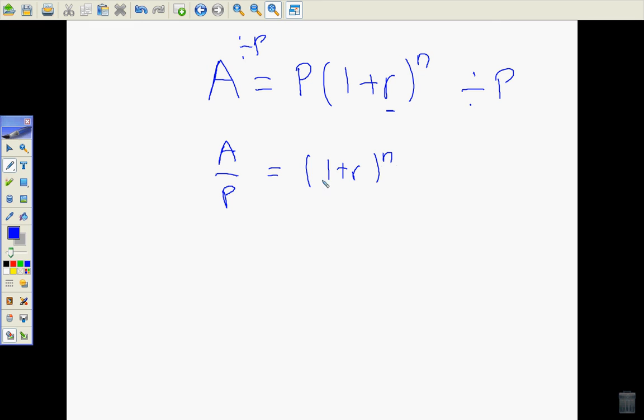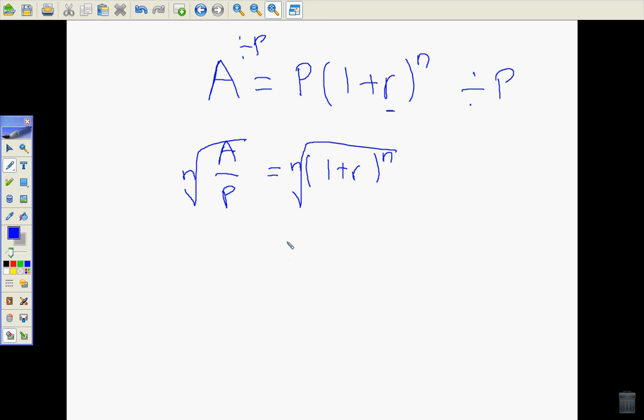Now A on P is equal to all that part to the power of n. I want to get r by itself, so I need to get rid of that power of n. What I need to do is take the nth root of both sides, because taking the nth root is the opposite of putting to the power of n.